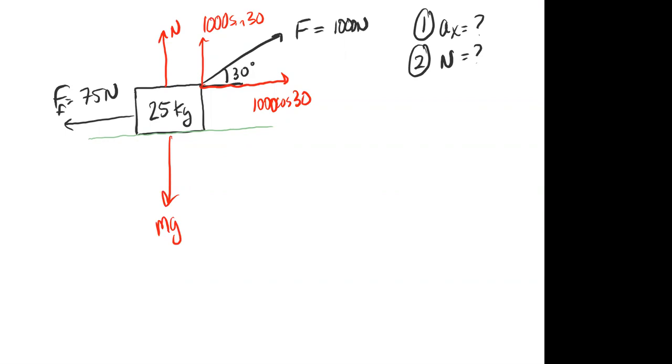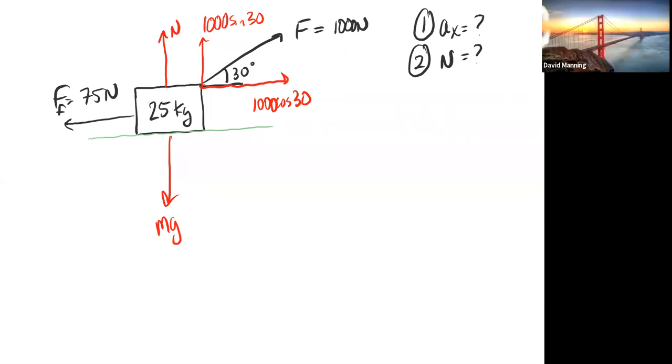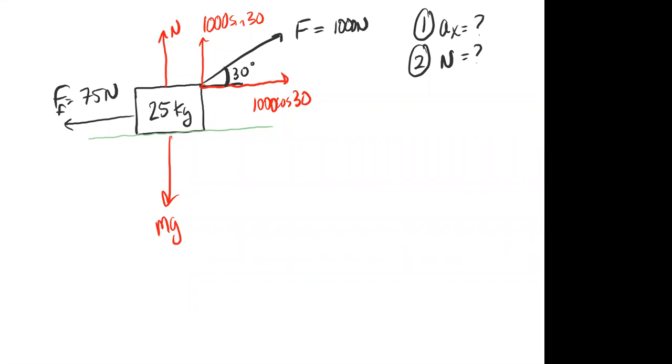Is that 130 degrees, or is it 30 degrees relative to a straight line? It's just 30, it's the arrow, the marker for the degrees.